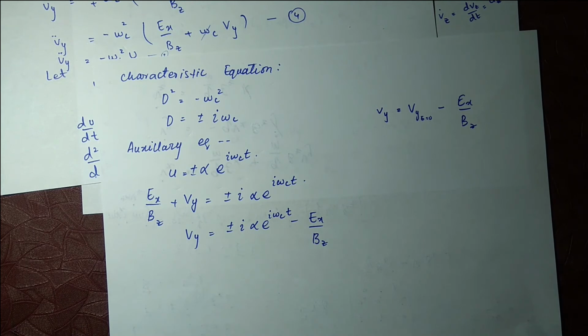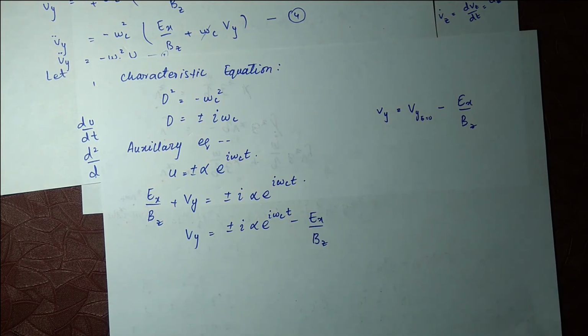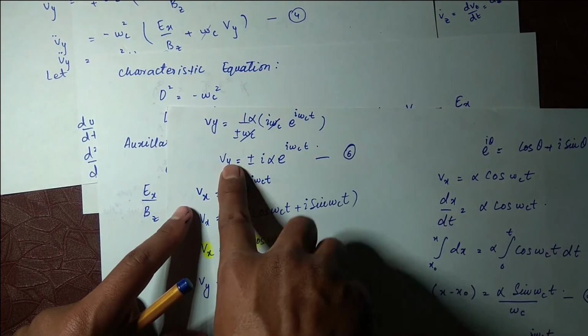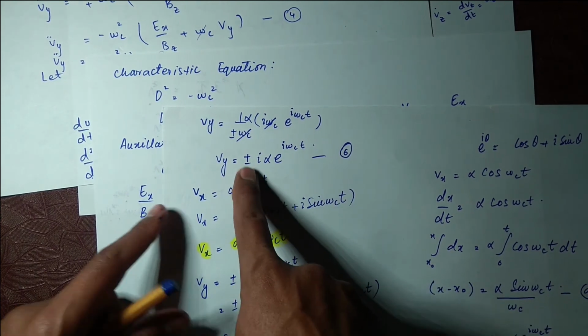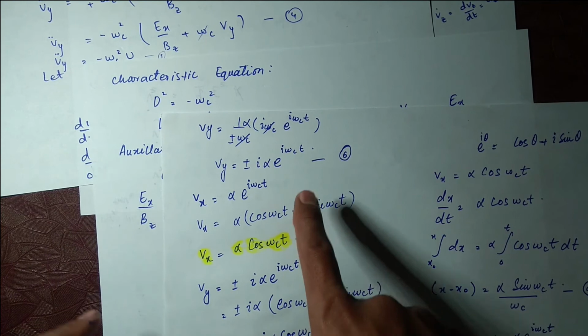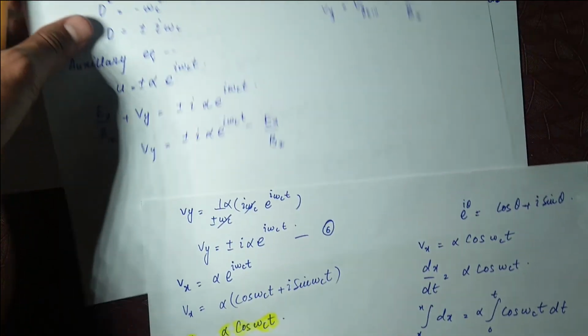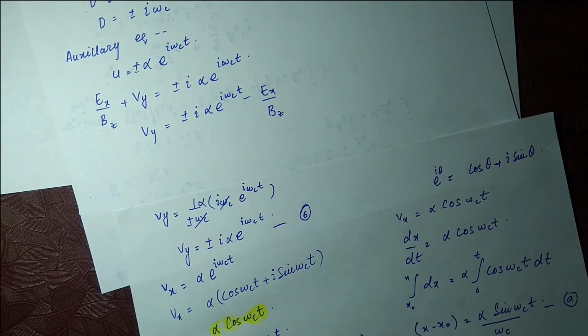If you recall your previous equation, it is quite similar to this equation. Let me show you that. Look at our previous lecture, here it is. This is the equation from the previous lecture: v of y equals plus minus iota alpha e to the power of this term, and I think this is also equation number 6.